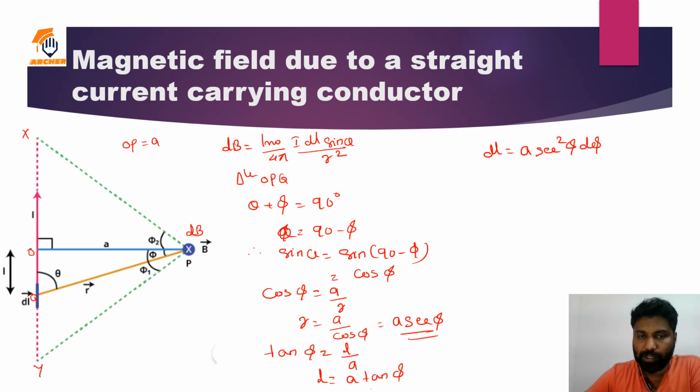So what is our equation? dB is equal to mu 0 by 4 pi I dl sin theta by r square. This equation will become dB is equal to mu 0 by 4 pi I into dl, which is A sec square phi d phi, into, instead of sin theta, we have cos phi, right?